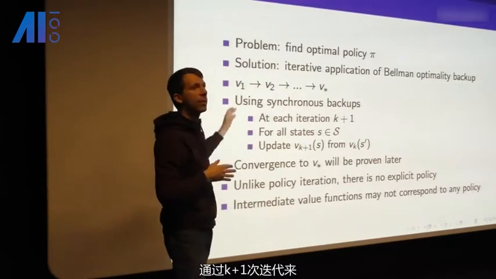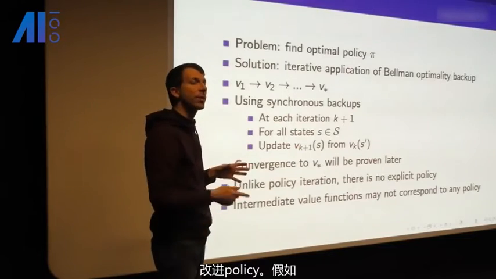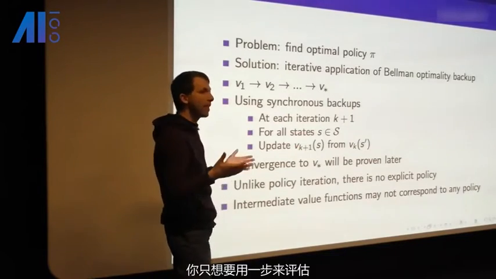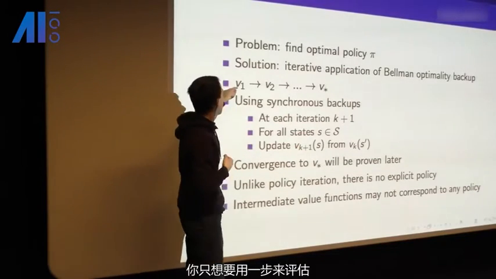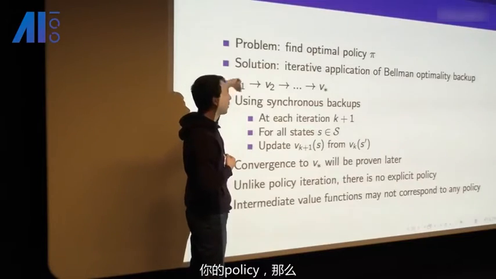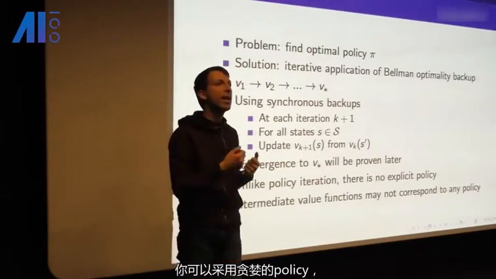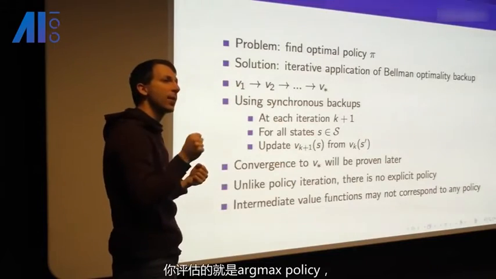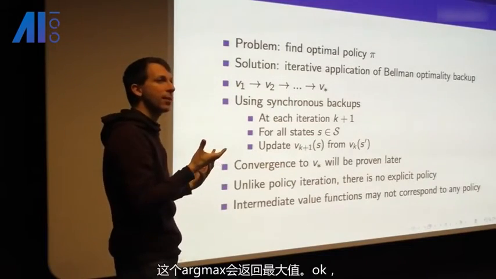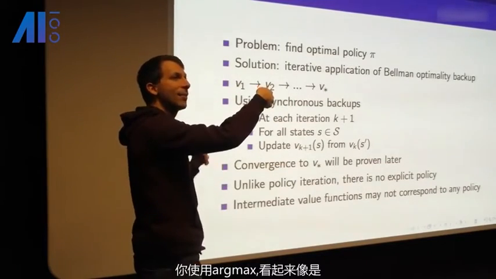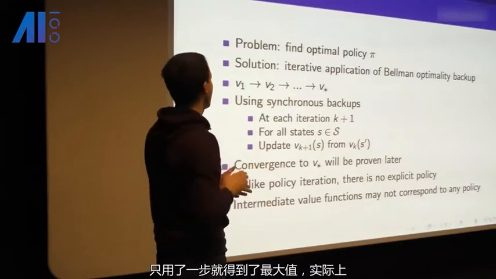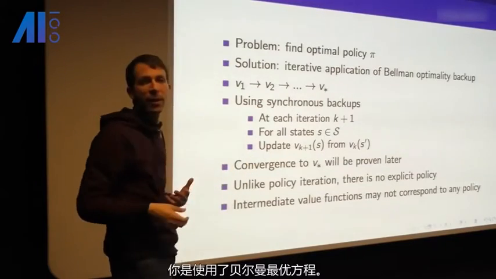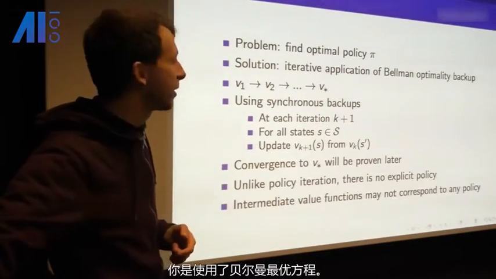And so this is exactly equivalent to doing modified policy iteration with k equals 1. The reason is that if you were to evaluate your policy for just one step, then you're taking the greedy policy, which is an argmax, and you're evaluating an argmax policy, and that's giving you a max. So if you do an argmax and evaluate it, you get the max out over one step. So you actually recover the Bellman optimality equation.